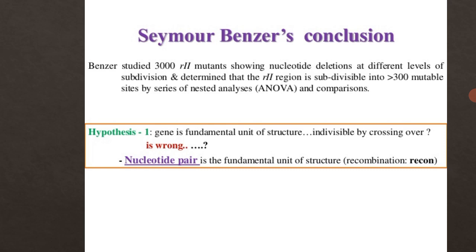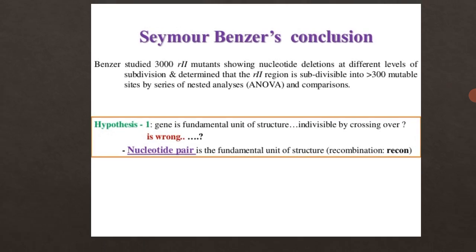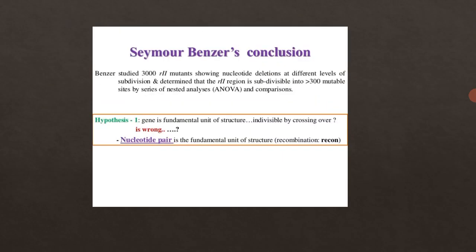Okay, now we have the hypothesis. So he also experimented to check this hypothesis, that we'll see now. First, is the gene a fundamental unit of structure, or is the nucleotide the fundamental unit of structure? Okay, so he studied this also.